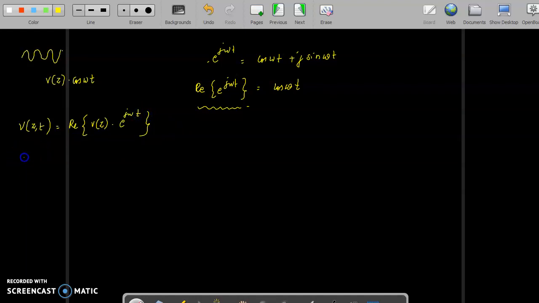Similarly, the current function can also be written in the same fashion as the real part of I of z e power j omega t.